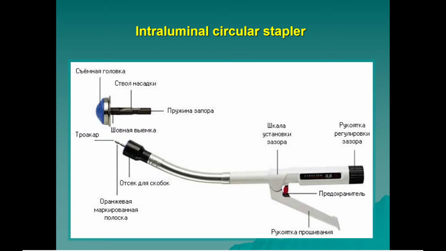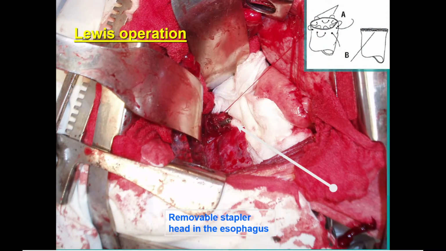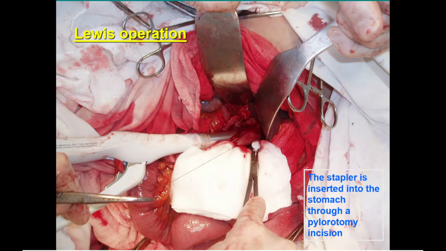Instrumental circular stapler. Removable stapler head in the esophagus. The stapler is inserted into the stomach through pylorotomy incision.